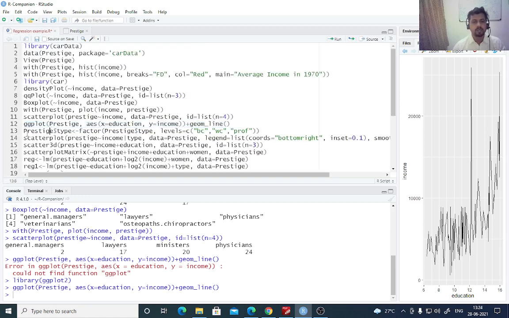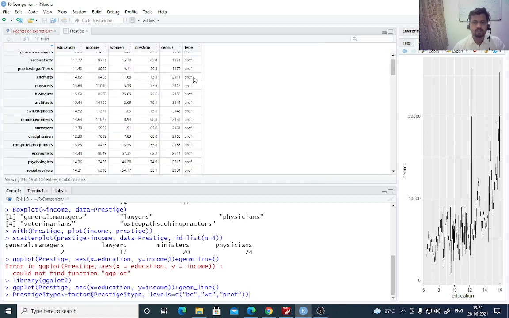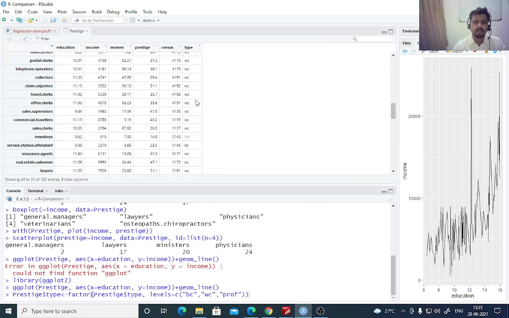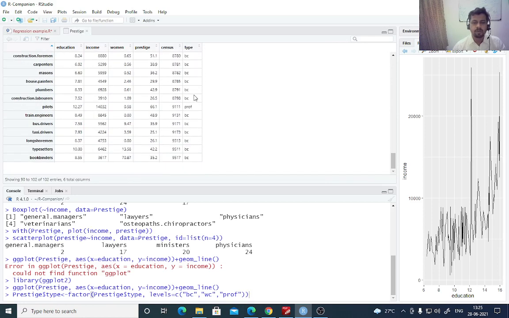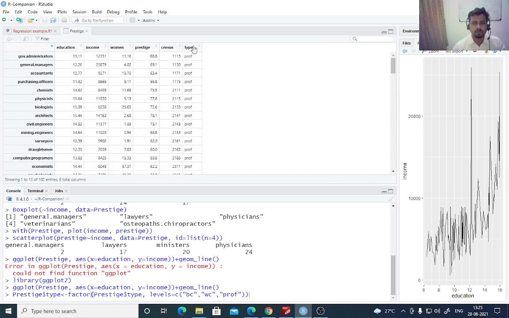So what I do is prestige.type. I define this as a variable, and we'll understand this command. I store this factor as prestige.type because this is a categorical variable that I have. And if you just explore the data in detail, what you see is there are particular levels of the type of occupation.